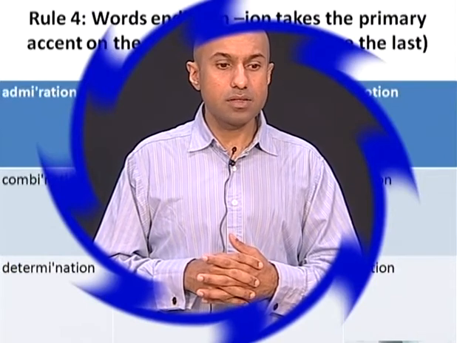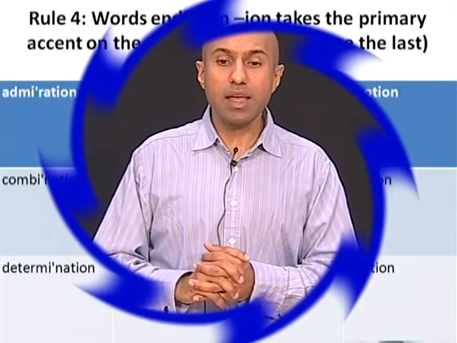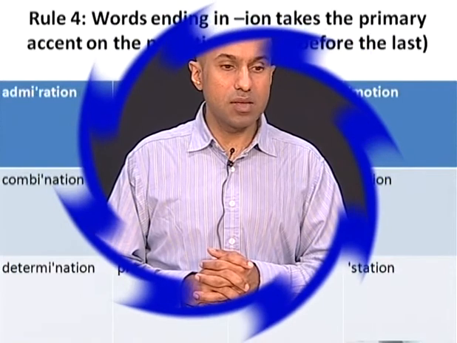Okay, so we have words ending in ion take the primary accent on the penultimate, one before last syllable.